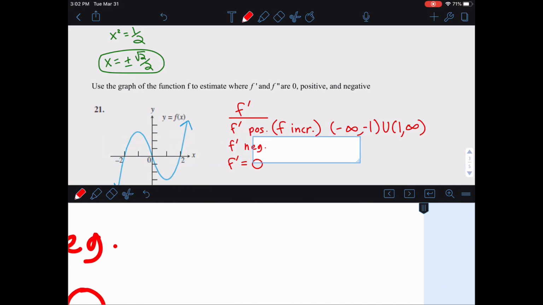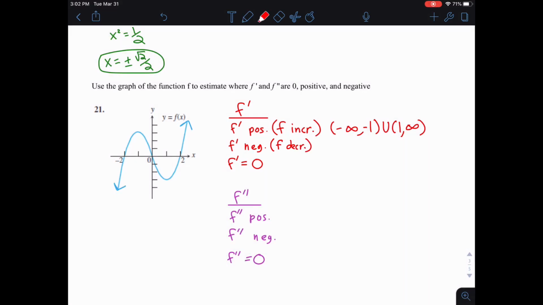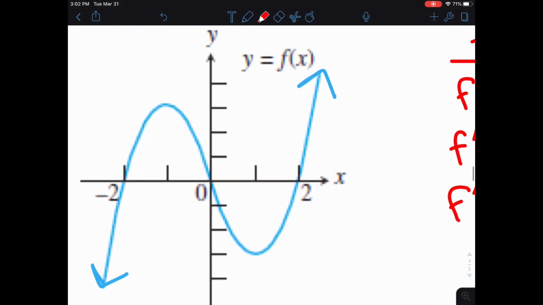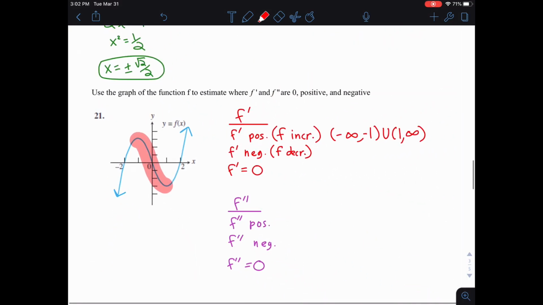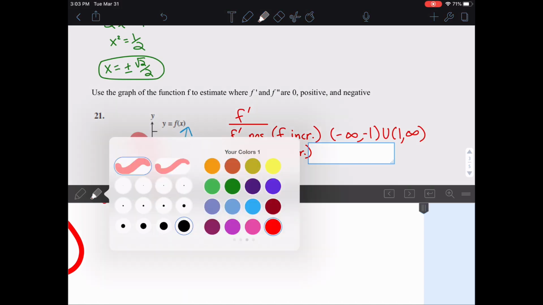Well, if f prime is negative, that means that f is going to be decreasing. So we take a look back at f of x and we say, okay, where is f going down? And I would say that's going to be this middle part from negative 1 to positive 1. And so that is going to be my answer there.